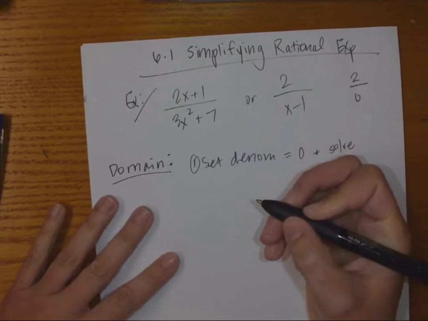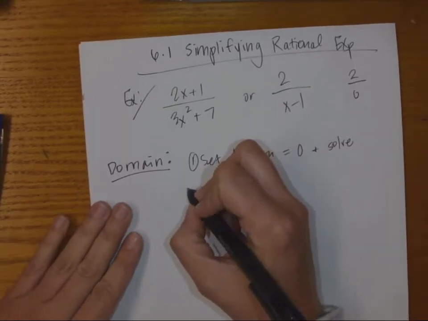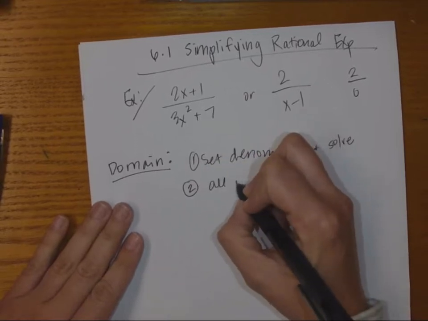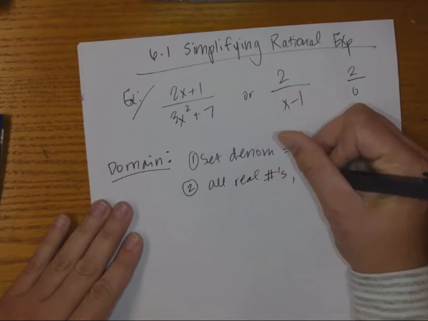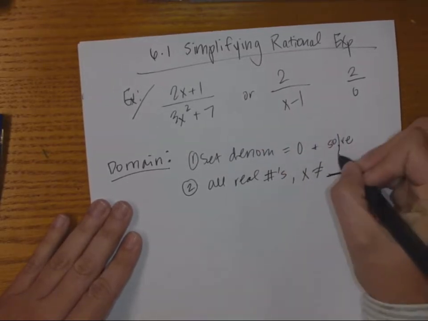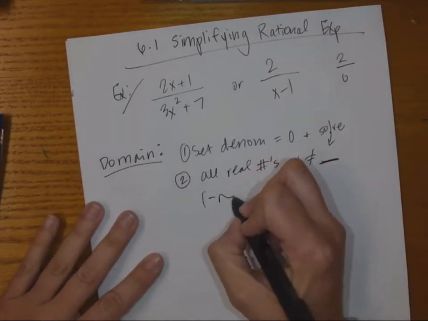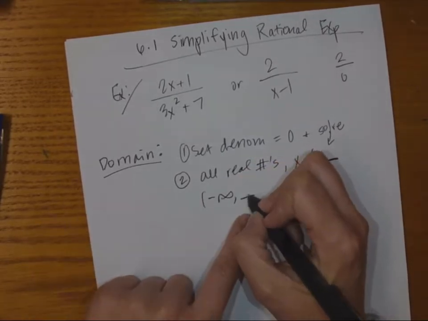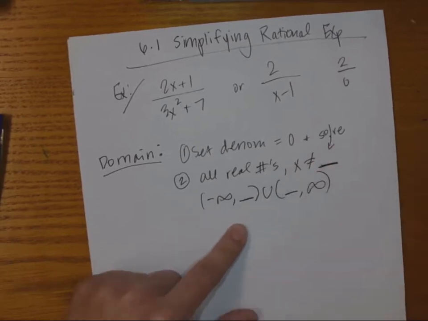And once you get that number, you can write your answer as all real numbers and x cannot equal whatever that number is that you solved for. You could also write it as negative infinity to whatever your number is, union that number to infinity. That's probably what you did in college algebra.